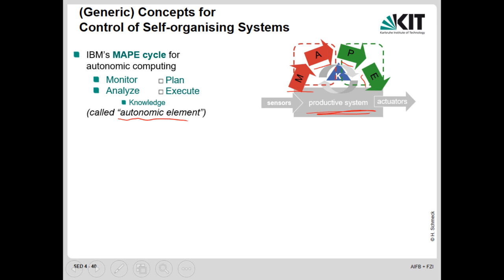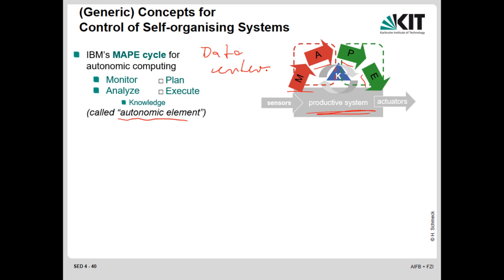For that you need sensors to be able to monitor, and you need actuators to actually do something on the system. This was the MAPE cycle of IBM, and it was applied mainly to data centers.